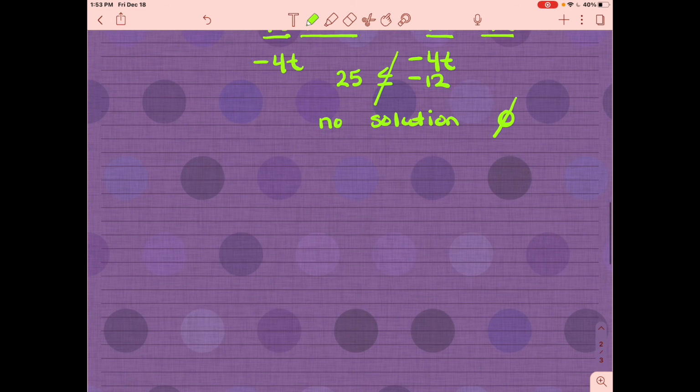Okay, the B inequality here is also interesting. 3 times 4m plus 6 is less than or equal to 42 plus 6 times 2m minus 4.